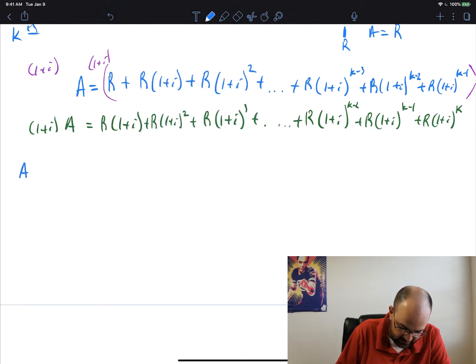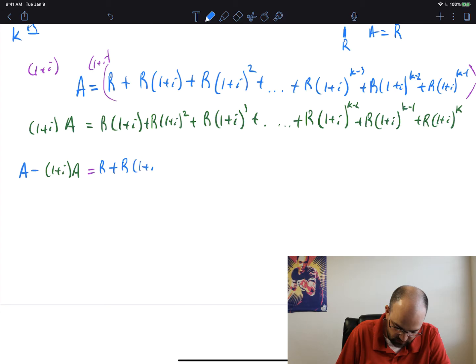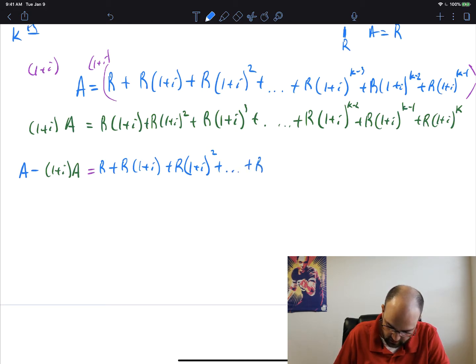So if I have the A minus the 1 plus I times A, so that's simply going to be the R plus the R times 1 plus I plus the R times 1 plus I squared plus the dot dot dot plus the R times the 1 plus I to the K minus 3 plus the R times the 1 plus I to the K minus 2 plus the R times the 1 plus I to the K minus 1.